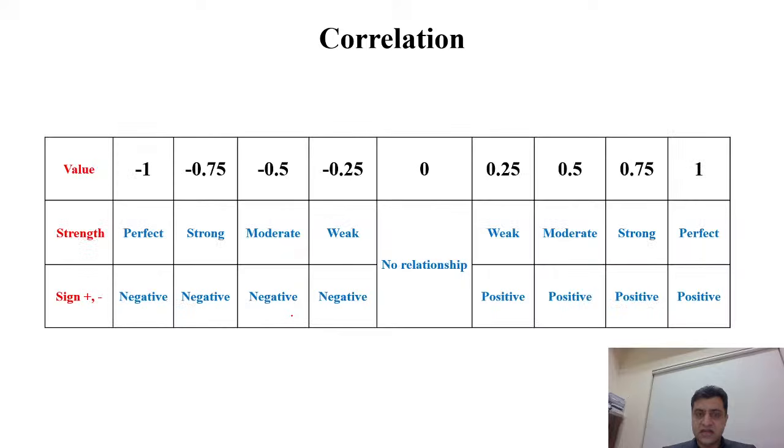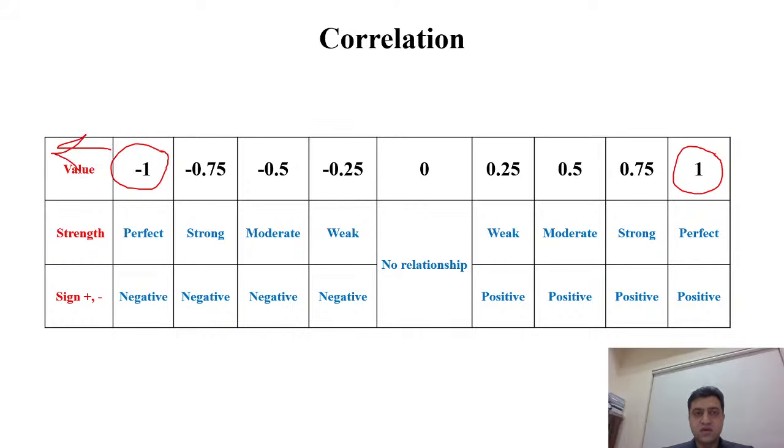Now we'll understand another thing. What is the range of correlation? The correlation value will always be between +1 and -1. It can never be more than +1 or less than -1.